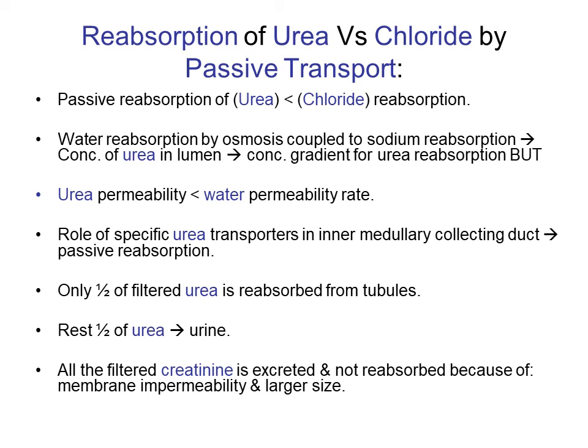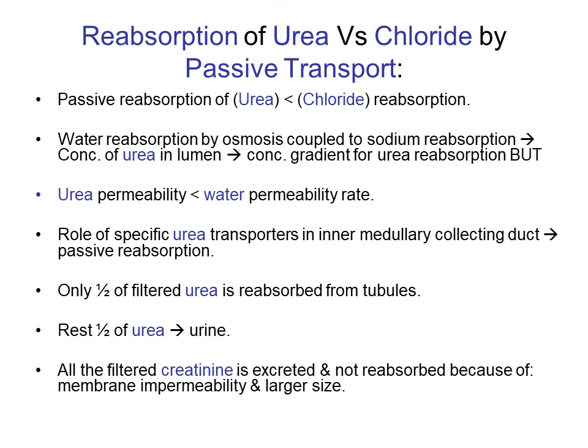Urea is also passively reabsorbed from the tubule, but to a much lesser extent than the chloride ions. As water is reabsorbed from the tubules by osmosis coupled to sodium reabsorption, urea concentration in the tubular lumen increases. This creates a concentration gradient which favors the reabsorption of urea.